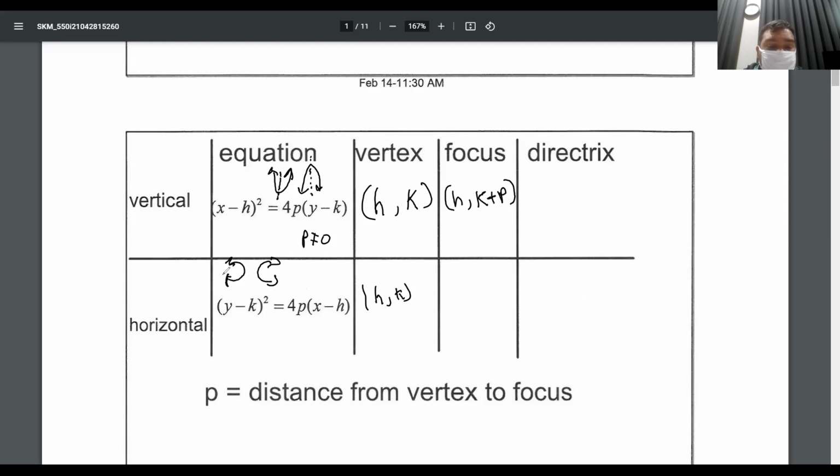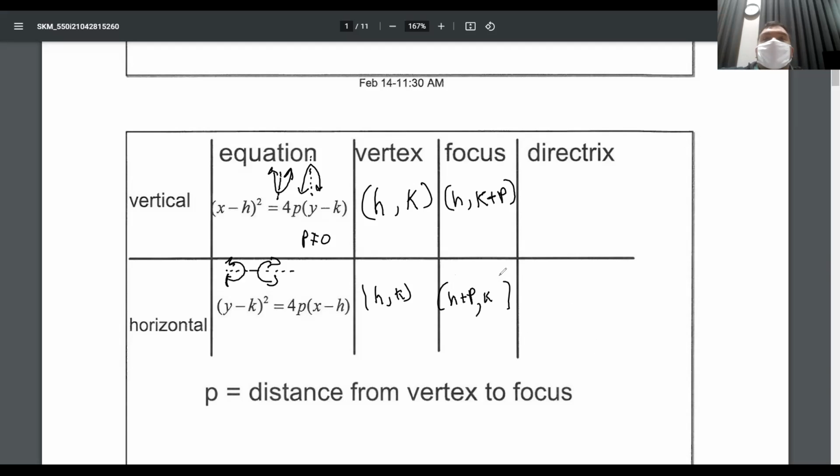On the vertical versions, that's so. On the horizontal versions, it's moving left and right. So where's the p going to be added that time? The x or the y, if it's moving left or right? It's going to be h, yeah.